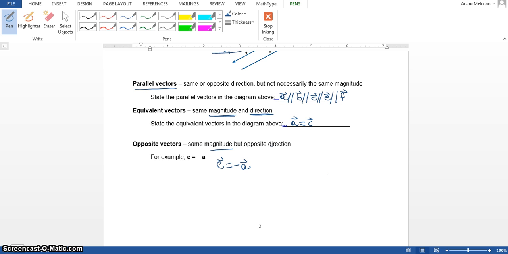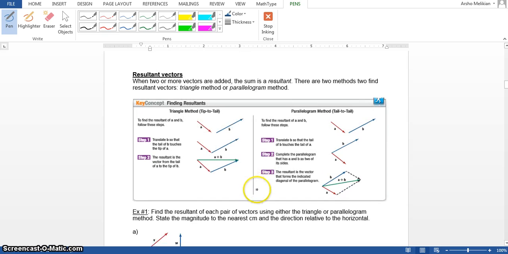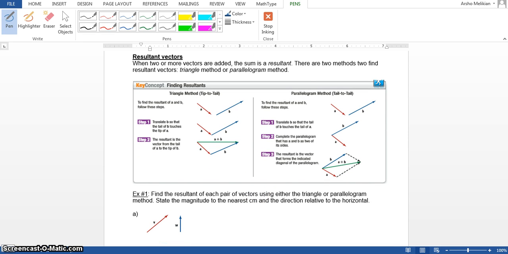Vectors never act alone. Vectors are always interacting with other vectors. So most of the time, we have to combine two or more vectors, and we have to find what we call the resultant vector.